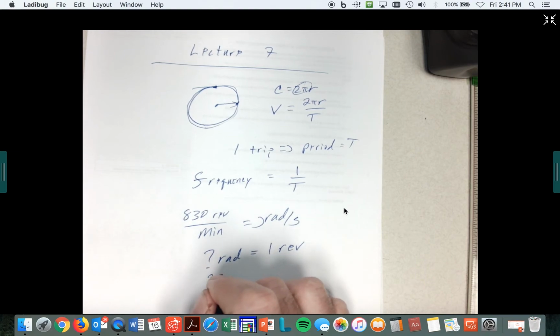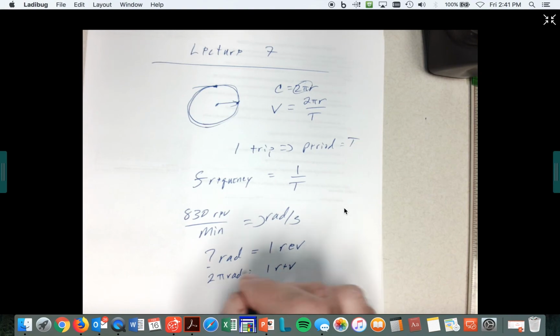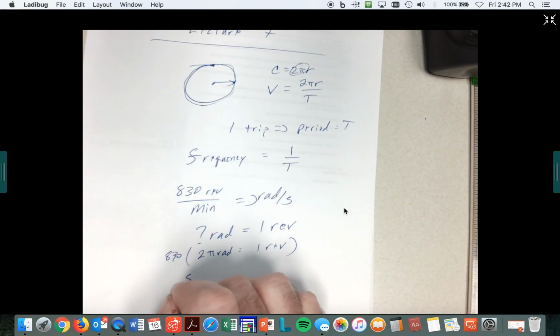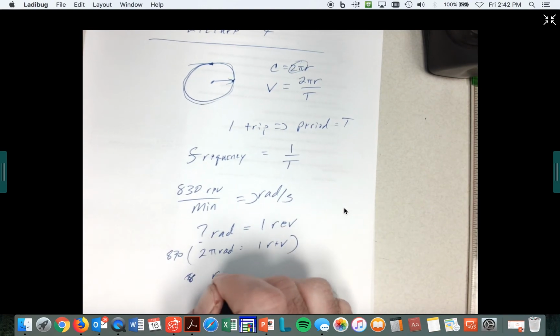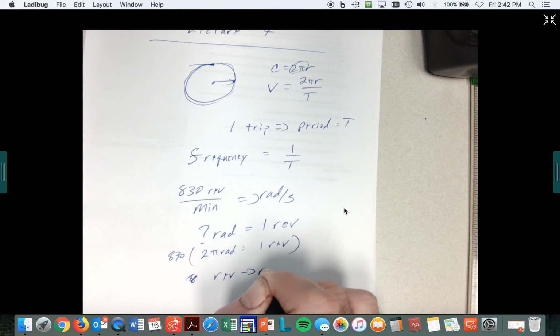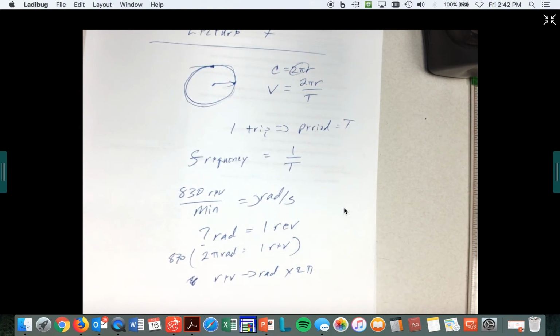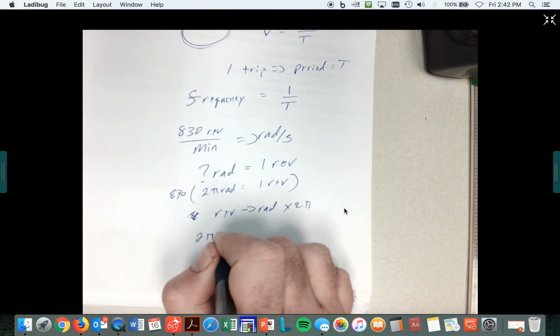So 2 pi radians is equal to 1 revolution. So when I have 830 revolutions, just multiply this whole thing by 830. To get from revolutions to radians, just multiply by 2 pi. Simple as that.